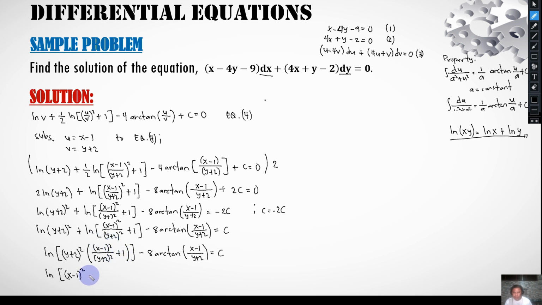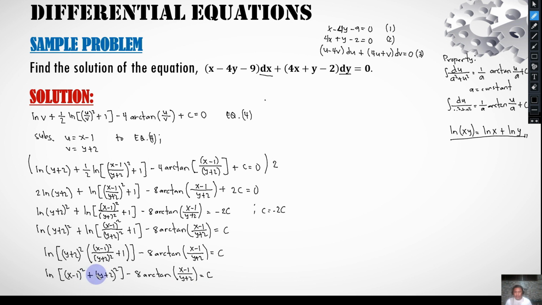So, magiging plus, no? Plus y plus 2 quantity squared, no? And this could be minus 8 arctangent of your x minus 1 over your y plus 2 is equal now to your constant C. Okay.